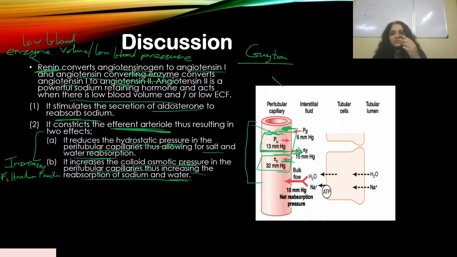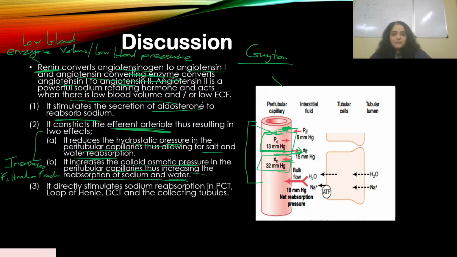Salt and water concentration increases in the peritubular capillaries, and that allows the blood colloid osmotic pressure to increase. Then, lastly, it directly stimulates sodium reabsorption in the PCT, loop of Henle, DCT, and the collecting tubules. This is another, third function of angiotensin 2.